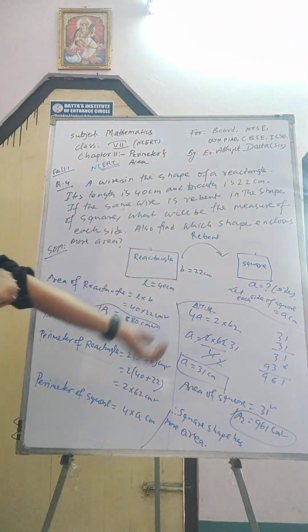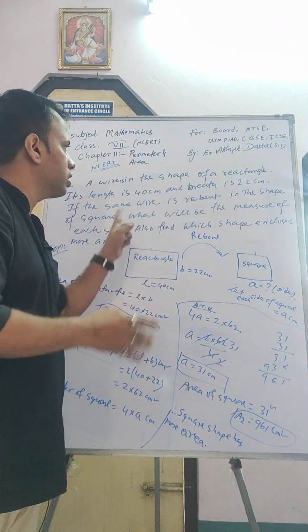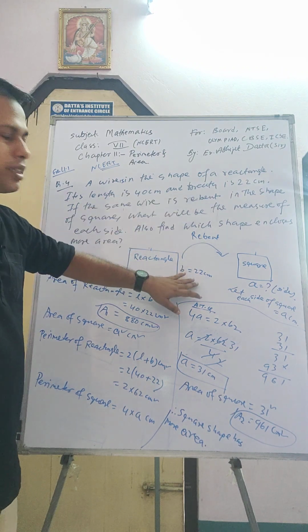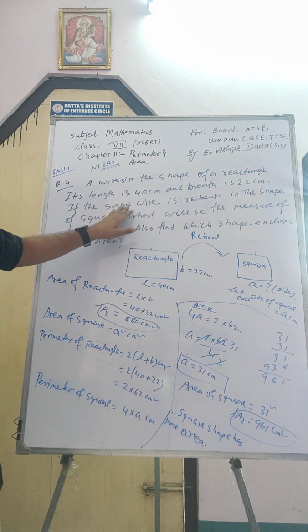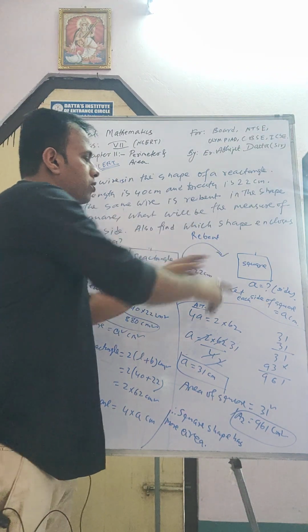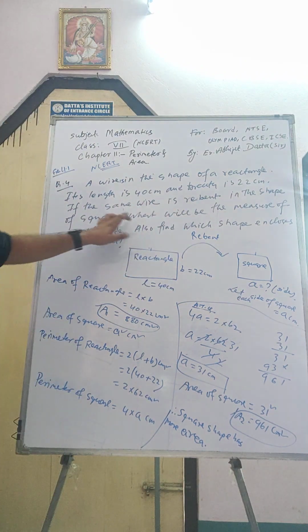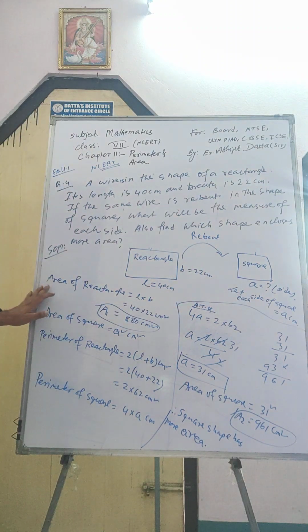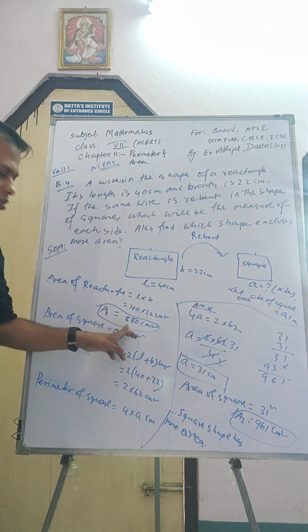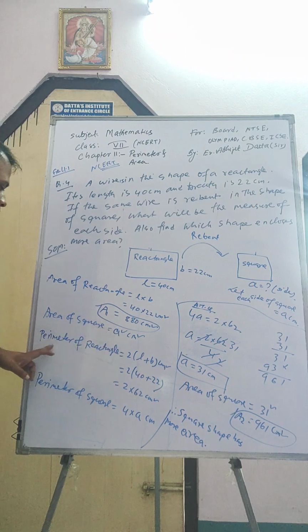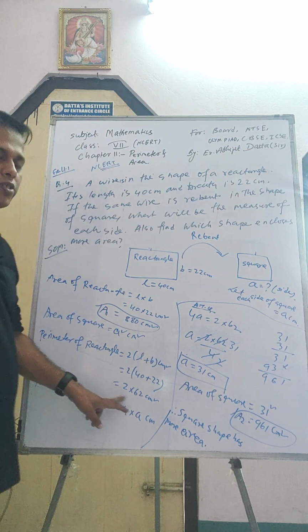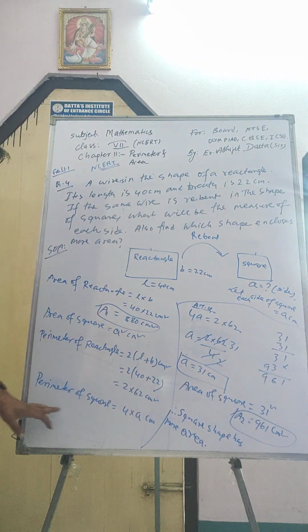Let me explain again in short. A wire is given in the shape of a rectangle first, with length and breadth given. Then the same wire is rebent in the shape of a square. What will be the measure of each side? I consider each side is a. The area of the rectangle is length into breadth, the area of the square is side square. The perimeter of the rectangle is 2 into length plus breadth, that is 2 into 62 centimeter, and the perimeter of the square is 4a.